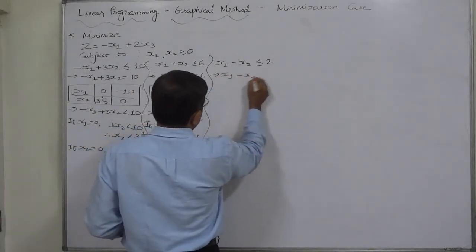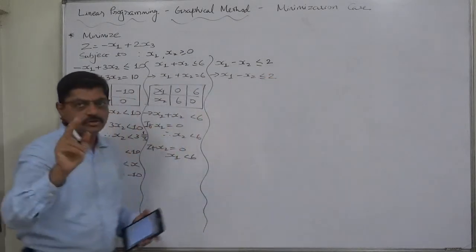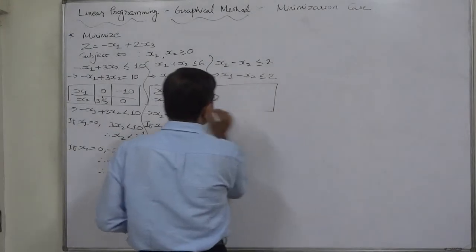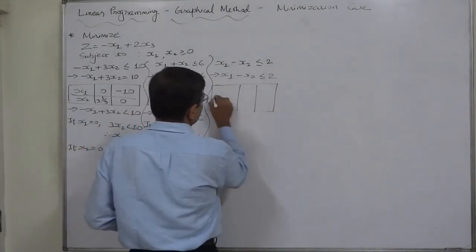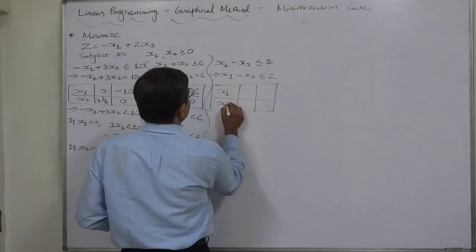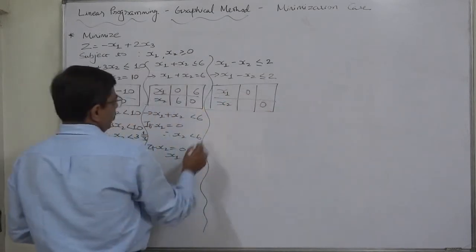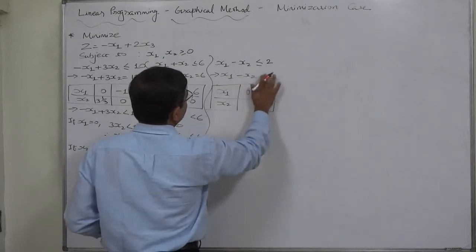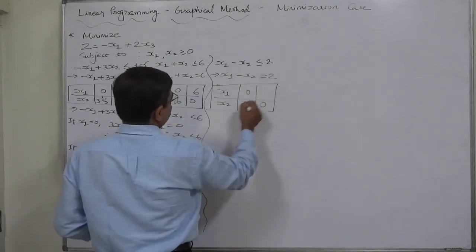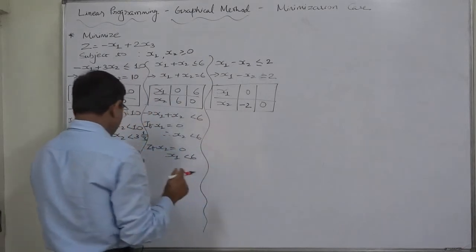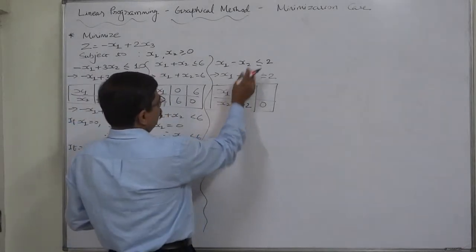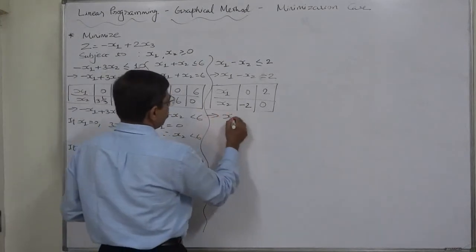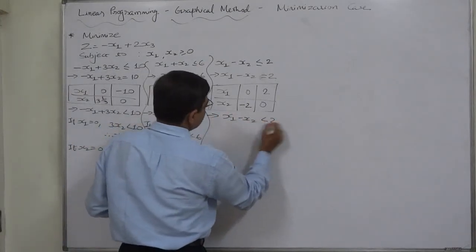x1 minus x2 less than or equal to 2. Again, x2 is with negative sign, so we need to be very careful. Yes, if x1 is 0, it is minus x2 equals to 2, so x2 equals to minus 2. If x2 is 0, then x1 equals to 2. Now, inequality part, x1 minus x2 less than 2.